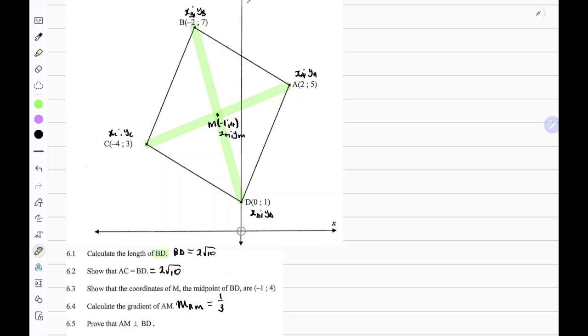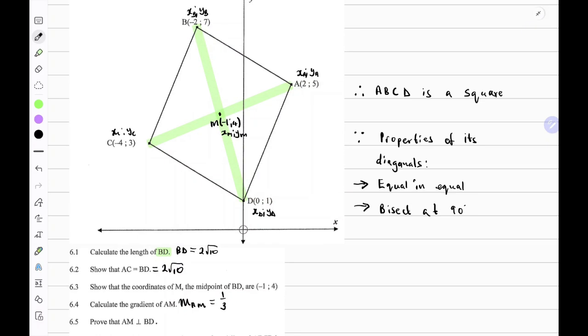So that is the second property of the diagonals of a square. So we can say that ABCD is a square because the properties of its diagonals hold. The diagonals are equal in length and they bisect at 90 degrees. The first condition doesn't hold true for a rhombus and a parallelogram. Therefore, we accept this quadrilateral to be a square.